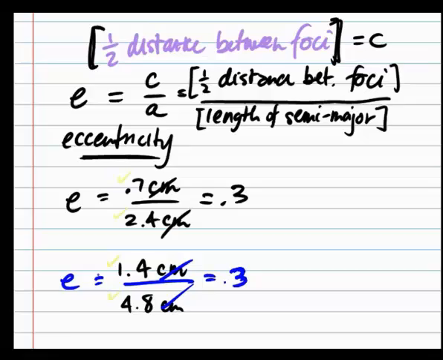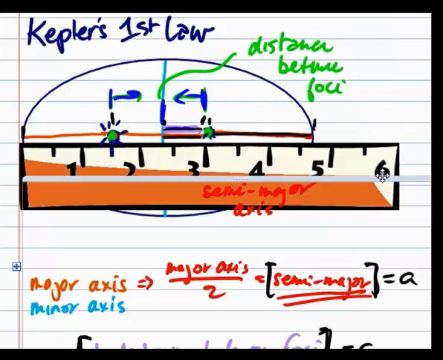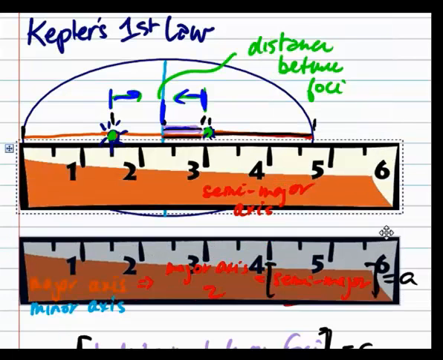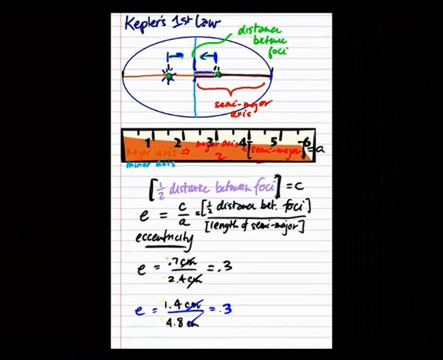The point I'm trying to make here is that when you're actually using a ruler, you can choose to go half the distance between the foci, that is from here to there, and divide it by the semi-major axis, that's from here to over here. That's what we did up here.